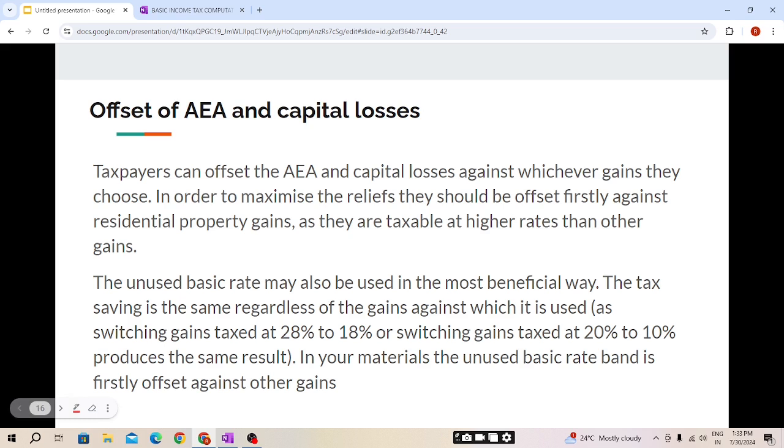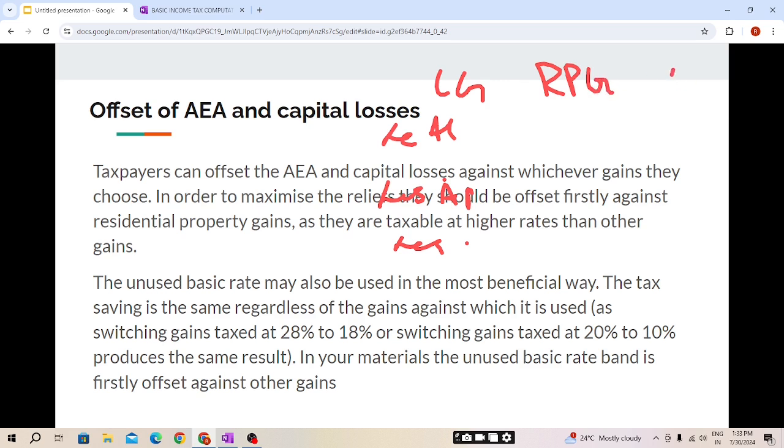So students, now we have seen the CGT has two rates, normal rate and residential property. Now when we prepare our format of chargeable gains, less allowable cost, less the AEA, less brought forward loss, etc., we will be having residential property gain also and other gains.